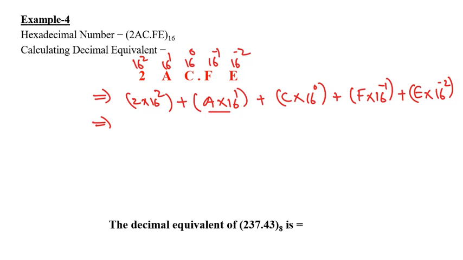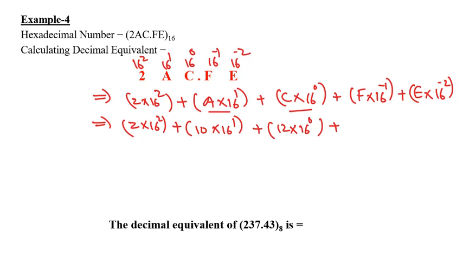But in the hexadecimal number system, a represents 10. So each alphabet is replaced by its equivalent value, that is 2 into 16 square plus, instead of a I can write 10 into 16 power 1 plus, for c it is 12 into 16 power 0 plus, for f it is 15 into 16 power minus 1 plus, for e it is 14 into 16 power minus 2.